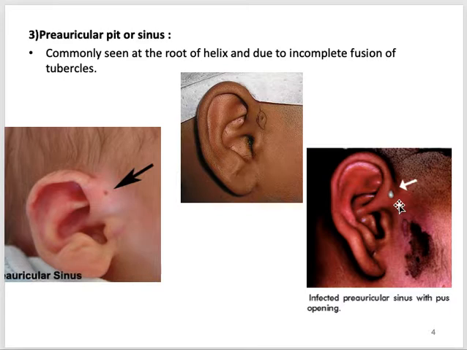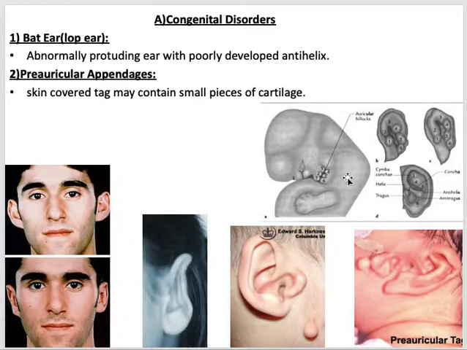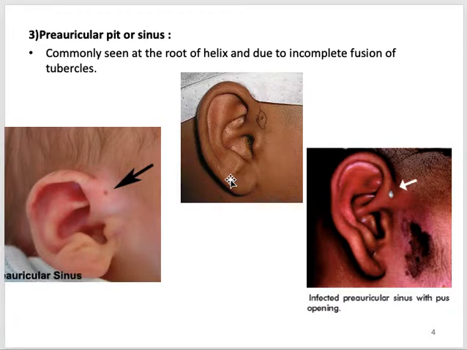And basically, this is an epithelial tract, and it is due to incomplete fusion of tubercles. To understand this, of course, you must know how the ear is developed. So simply, there is an incomplete fusion of these tubercles.